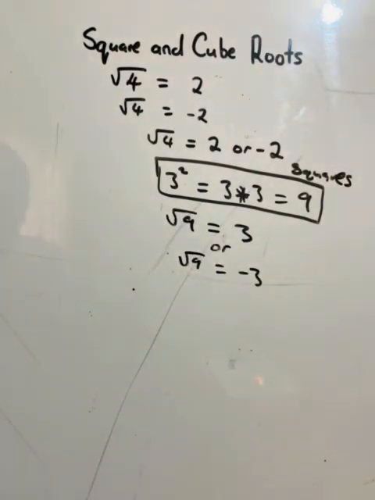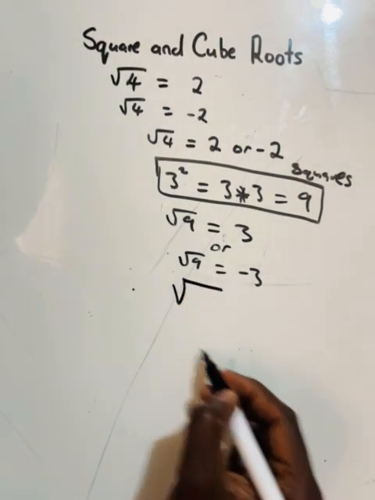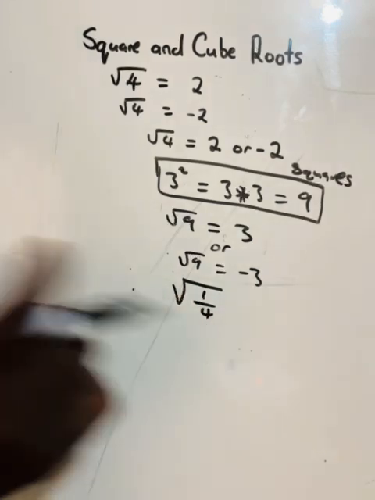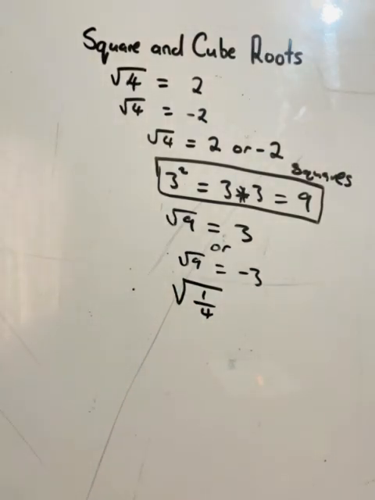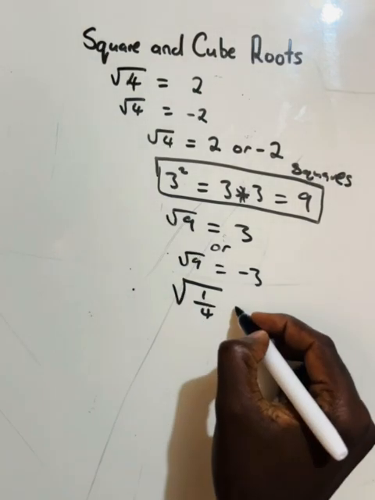So another way that we can write this: if you are given square root of 1 over 4, so let's say you've been given a fraction, this can also be written like this.